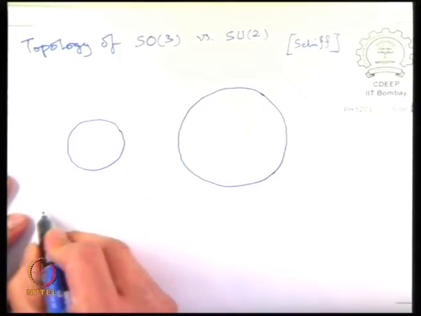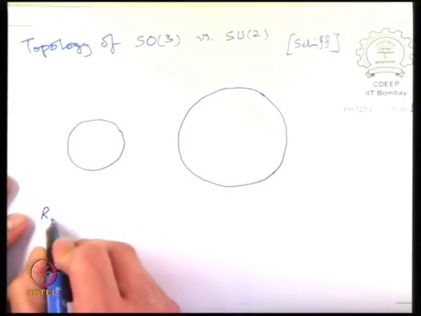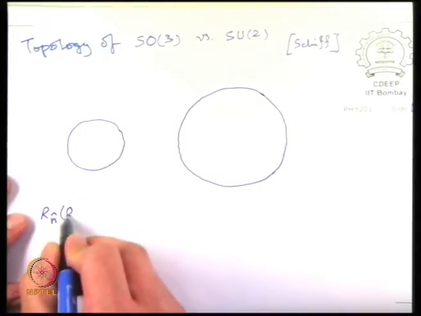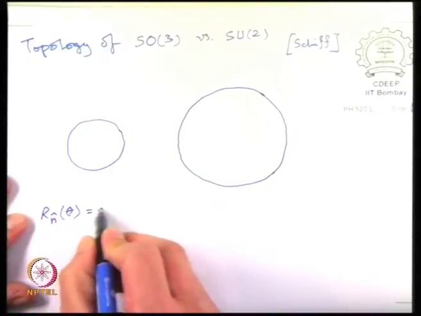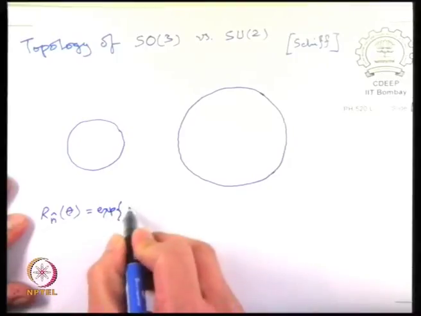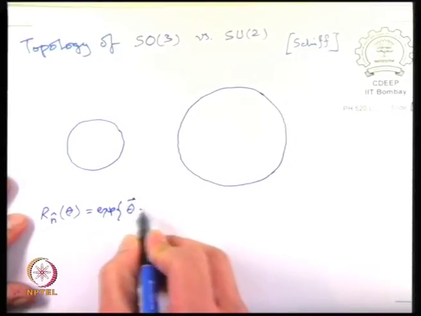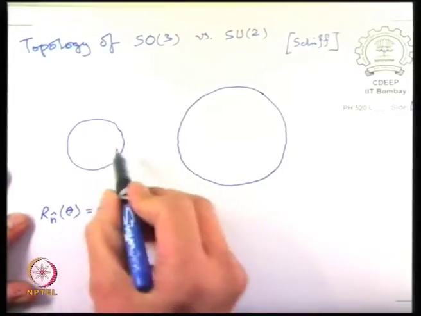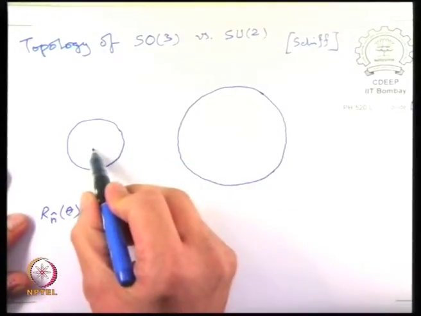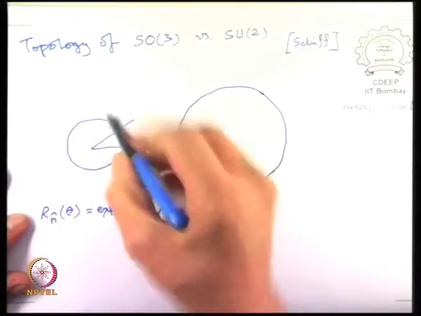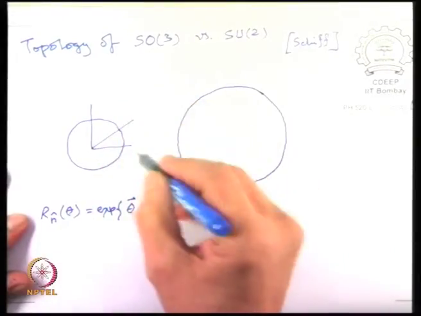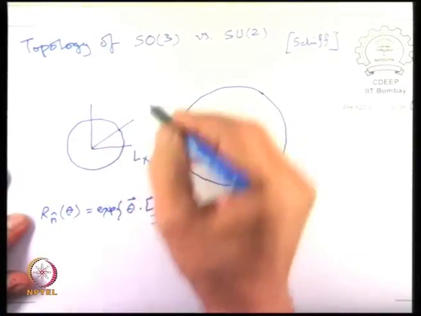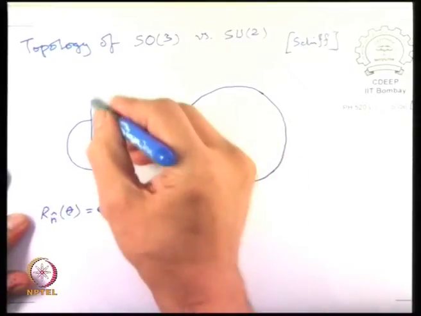So we want to represent something like R of n cap theta is exponent of theta times theta dot L. Okay, so for simplicity just take this. So suppose you drew axes corresponding to Lx, so these are not real space axes, Ly and Lz.